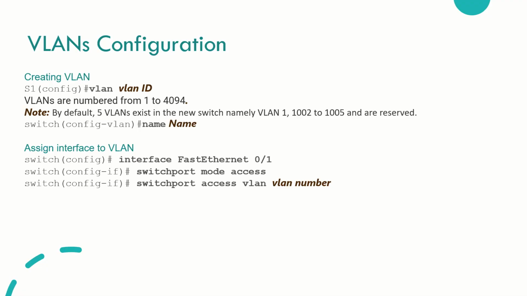Yes, correct. And also, we should give any name to your VLAN. Name, and what is the name? For example, Amir, or for example, CCNA, and something like that. And all of the configuration happens under config terminal or global mode also.